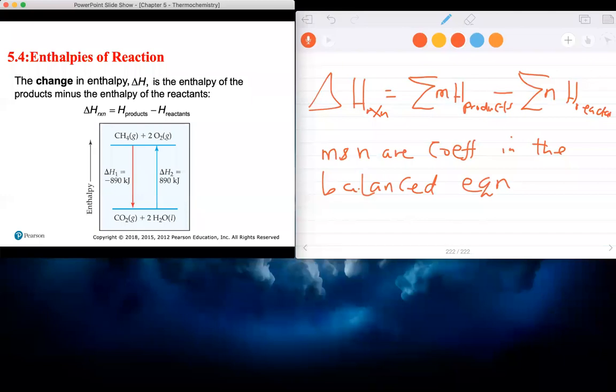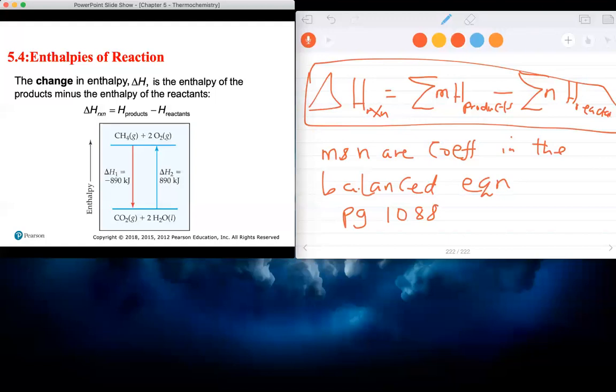Appendix C, page 1088. You'll see those thermodynamic terms, delta H for the reagents and product, and then you plug them in the equation.